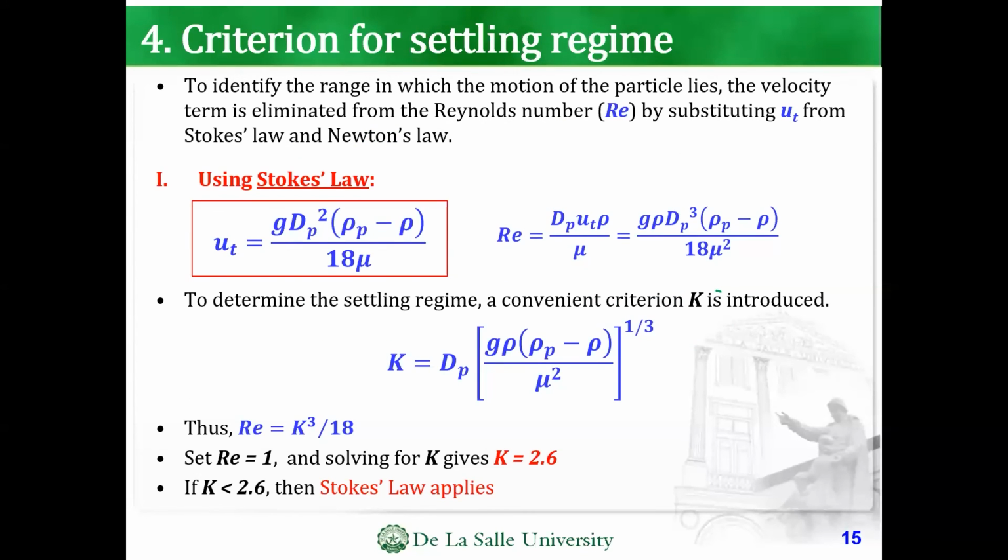Whereas lastly, to identify the range in which the motion of particles lies, the velocity term is eliminated from the Reynolds number by substituting the terminal velocity from Stokes' law. So you can see that using Stokes' law, you already have this, right?